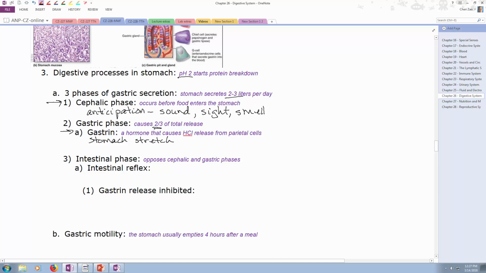So that's baroreceptor related. A neural mechanism will cause a hormonal release, which will cause a release of more hydrochloric acid and pepsin, which is kind of interesting. So that's that pressure receptor release. Now there's also a chemoreceptor response to stomach juice release, and that is the dilution of our stomach juices.